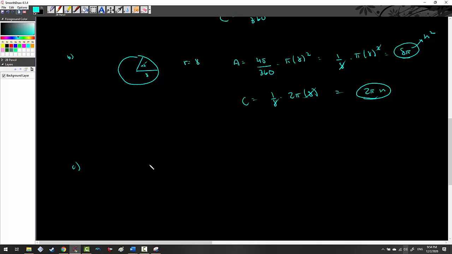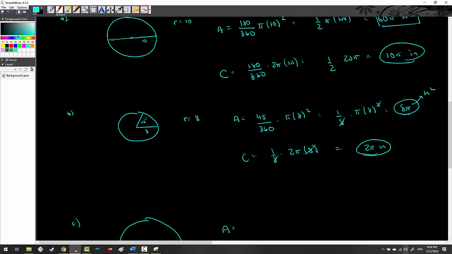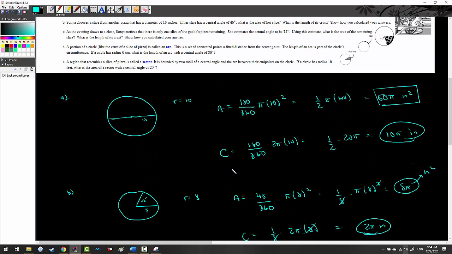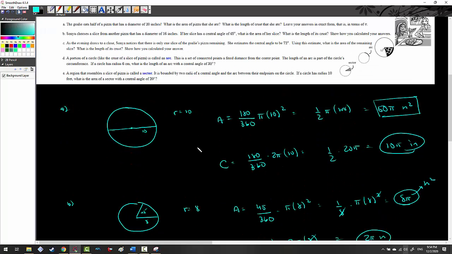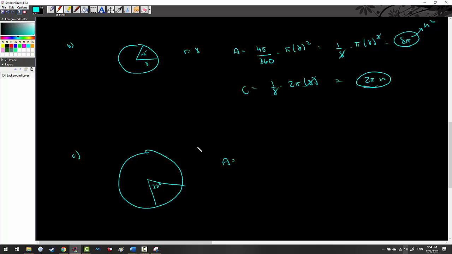If what's remaining of the pizza is 72 degrees, that means the area is going to, I'm sorry, it was the goalie's pizza, right? Okay, the goalie's pizza is a 20-inch diameter, making the radius 10. I just had to reference that one more time.